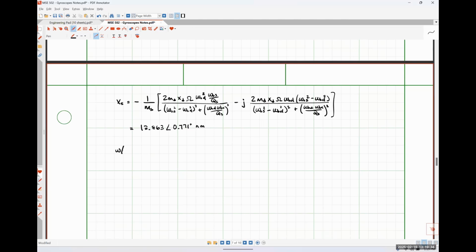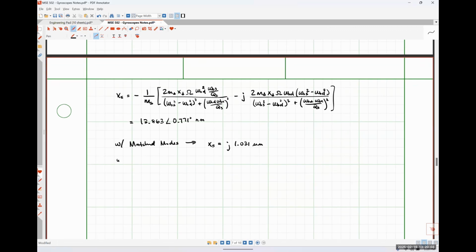Okay. Now, just for what it's worth, and this is why I told you to wait just a second, if our modes were matched, our sense mode displacement would have come out to be J 1.031 microns, excuse me, yeah, J 1.031 microns.